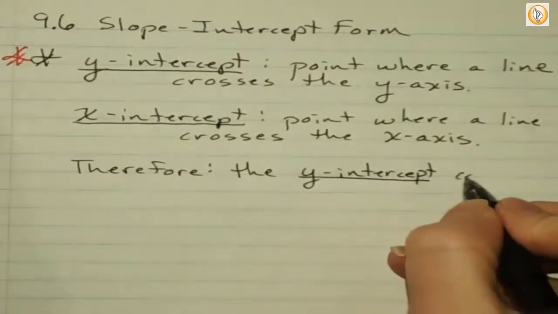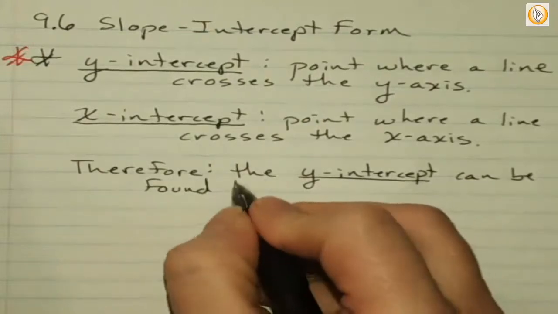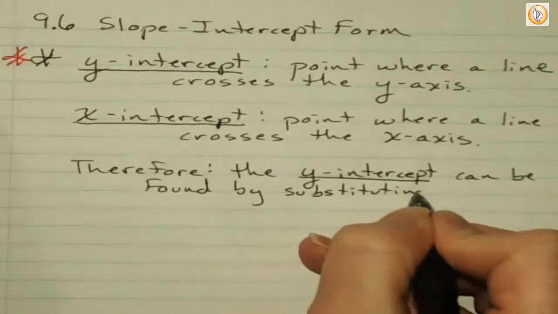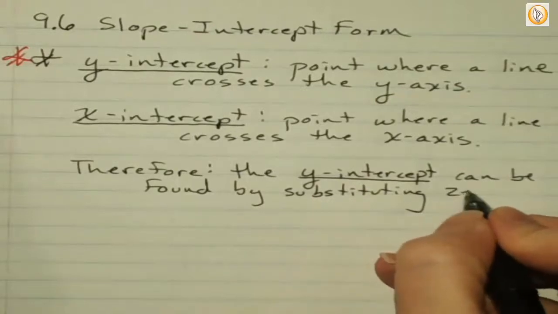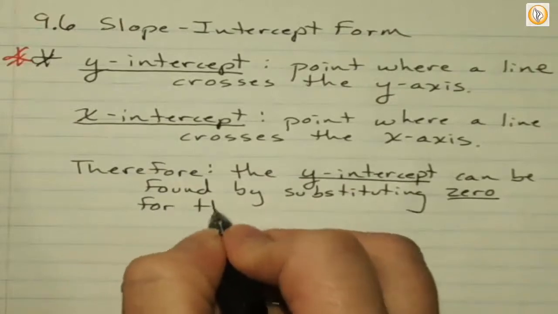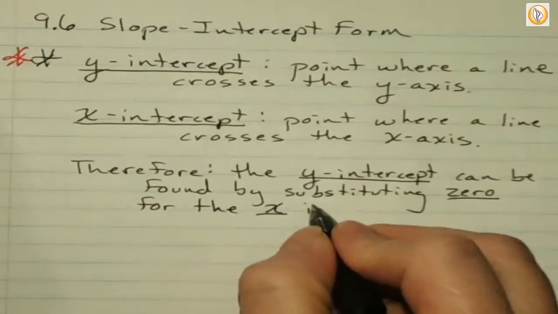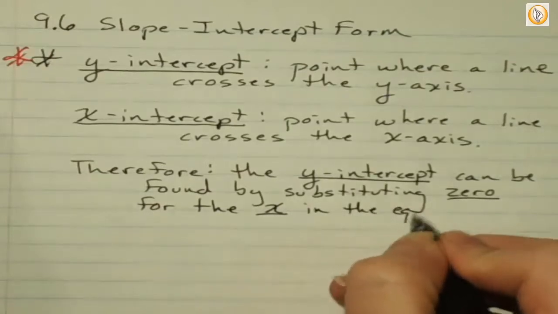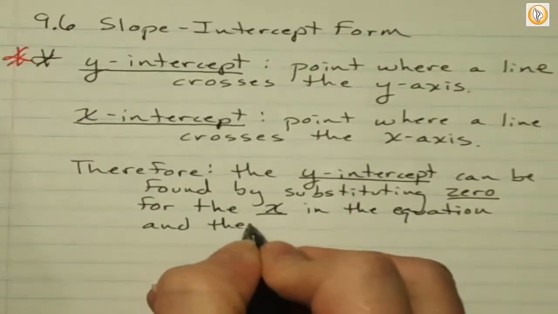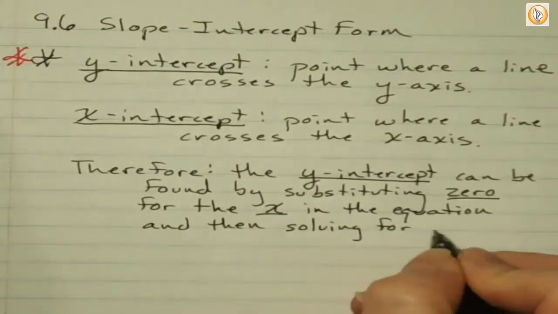The y-intercept can be found by substituting 0 for the x in the equation, and then solving for y.